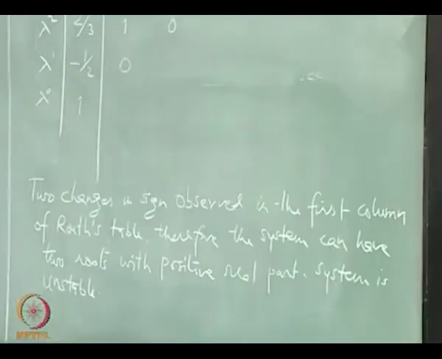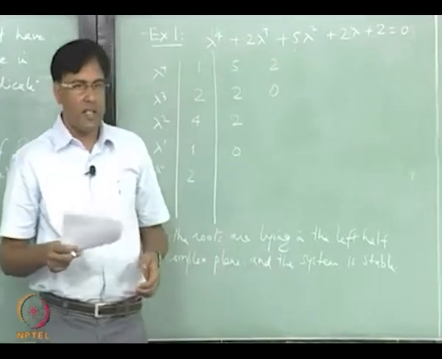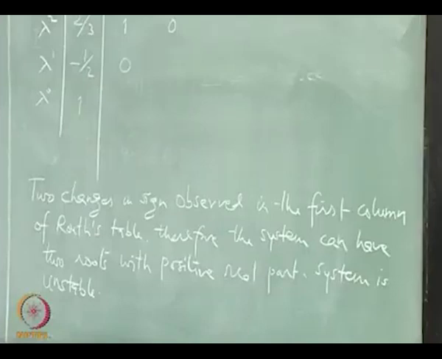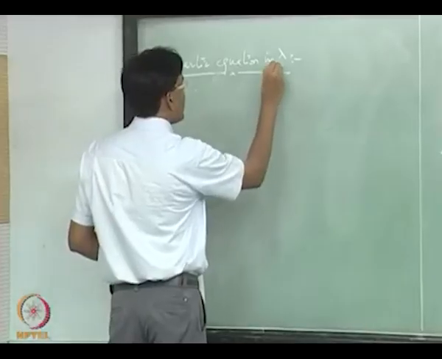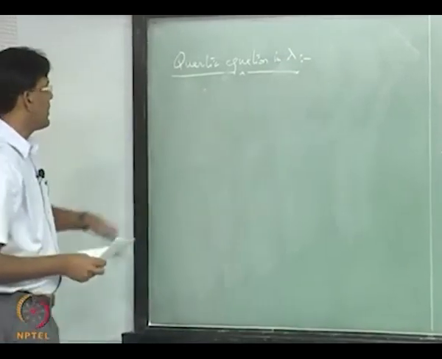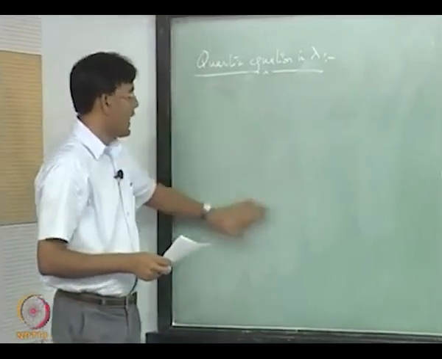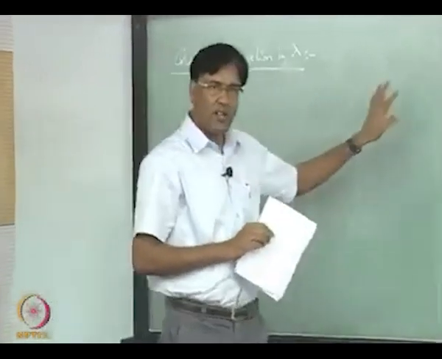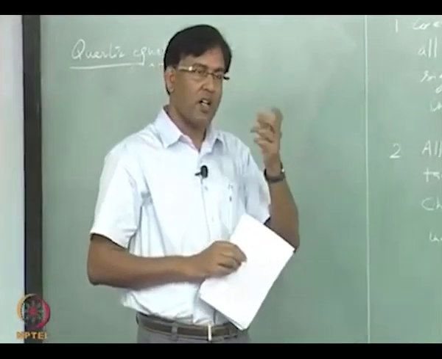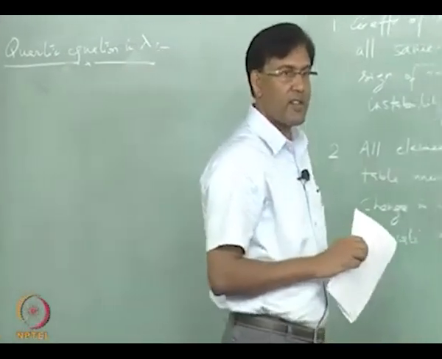Now let us look at one case when one of the coefficients is 0, and then how do we deal with such situations. Actually this theory is much more than what we are doing here. It can even tell you about the complex conjugate eigenvalues.